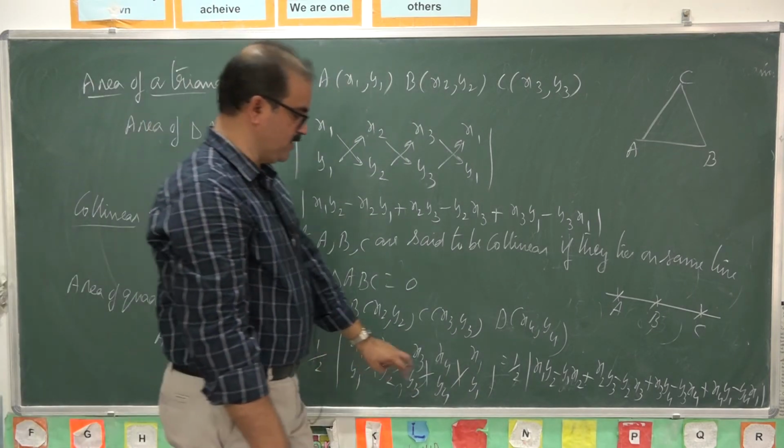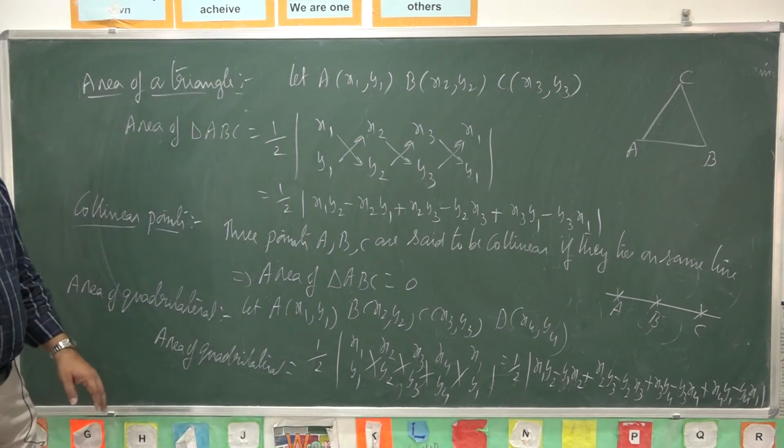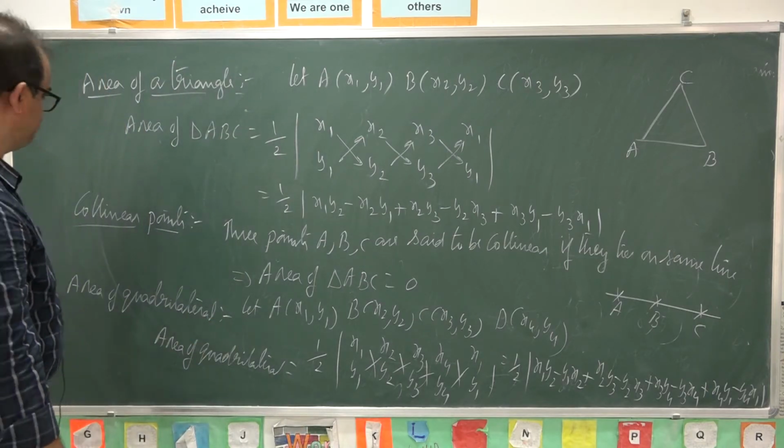By using this formula we find the area of the quadrilateral. Now we do 1 or 2 problems.